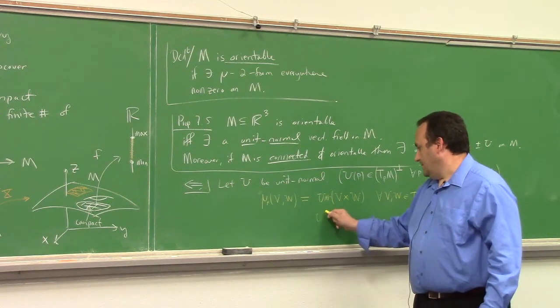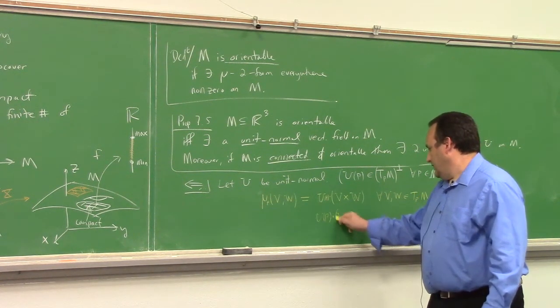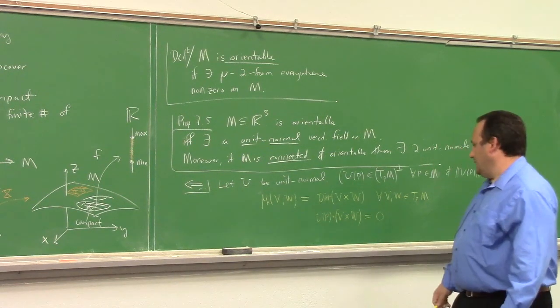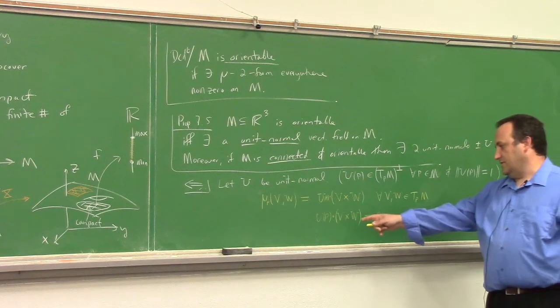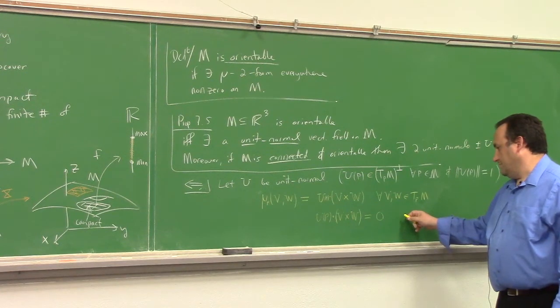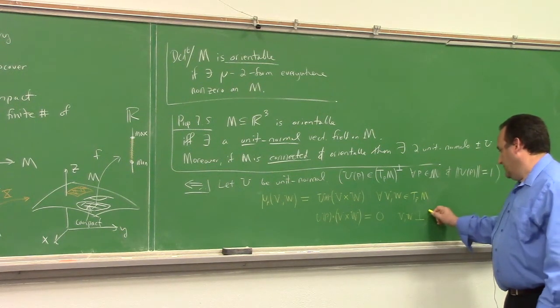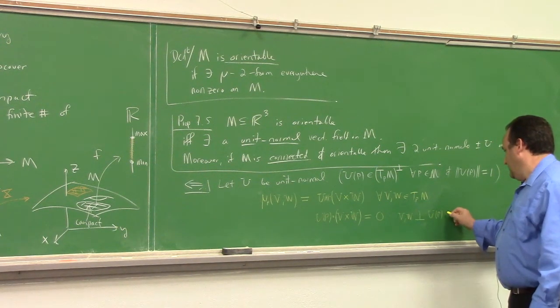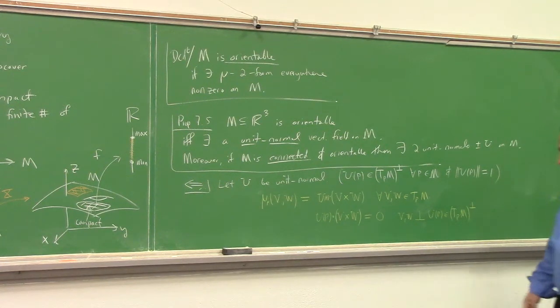I would say that means that v cross w has to be perpendicular to U. But U of P, remember, is an element of the perp to M.